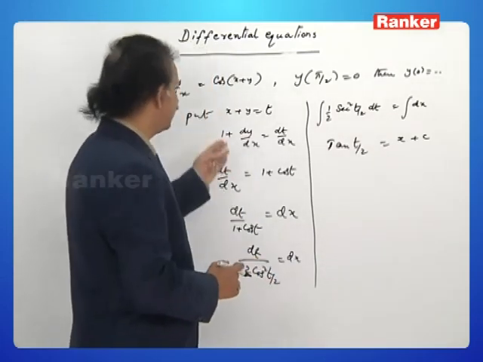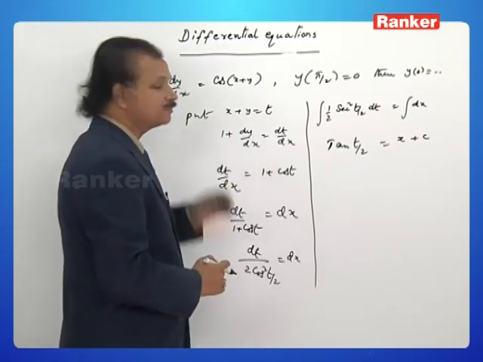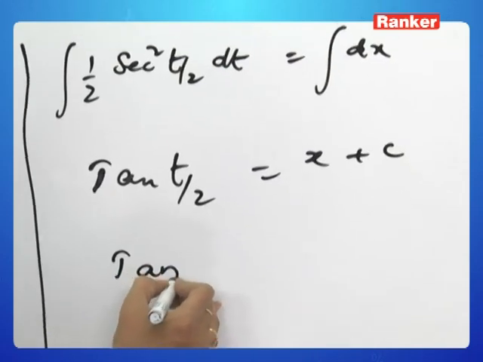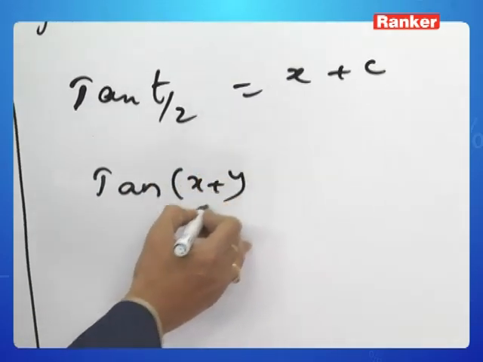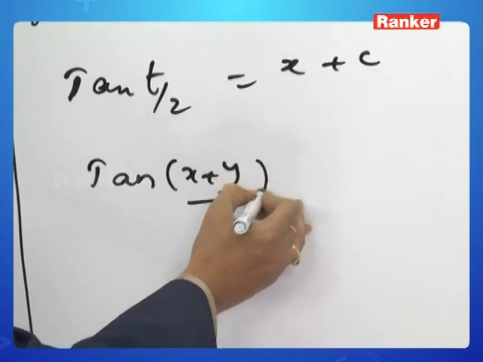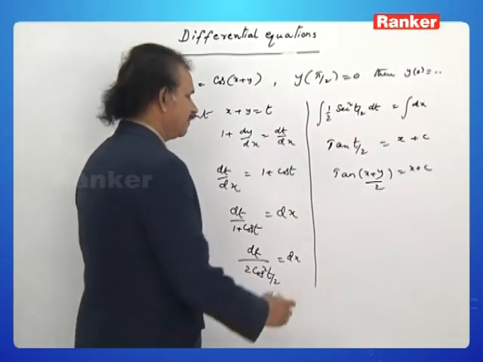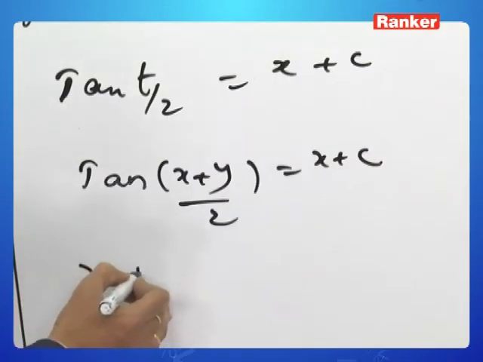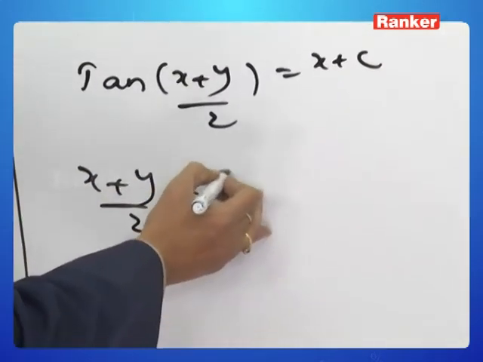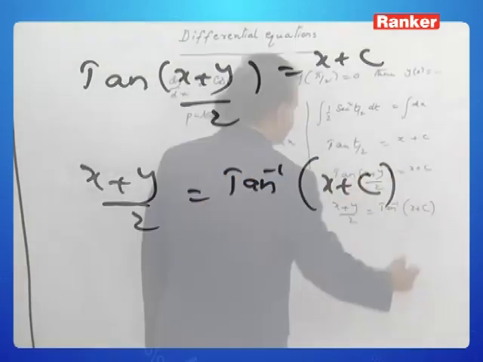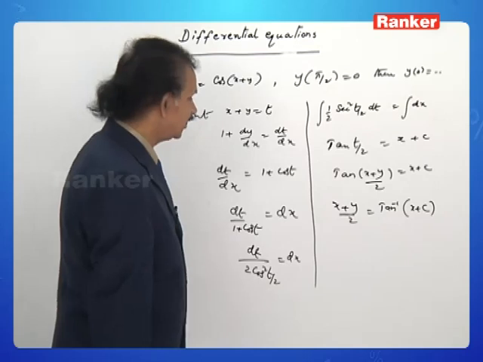What is t? x plus y is equal to t. Hence the actual answer is tan of x plus y by 2 is equal to x plus c. From this, x plus y by 2 is equal to tan inverse of x plus c.